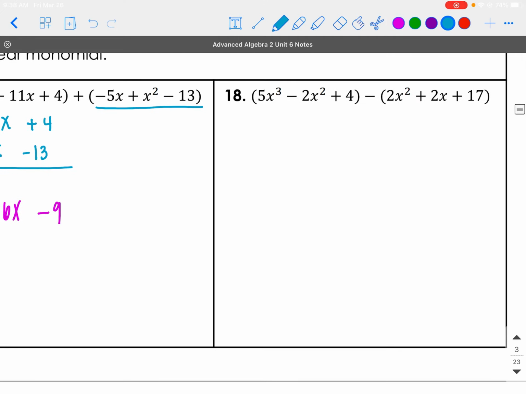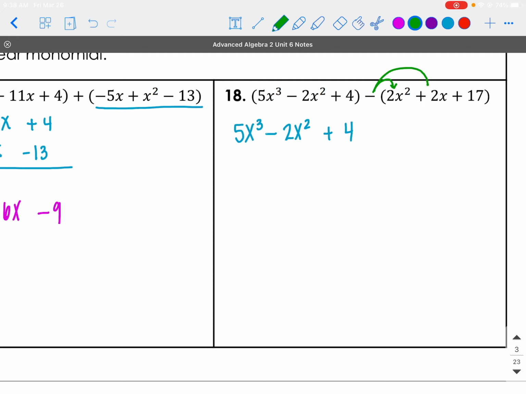Number 18, same thing. 5x cubed minus 2x squared plus 4. But this time it's subtraction.